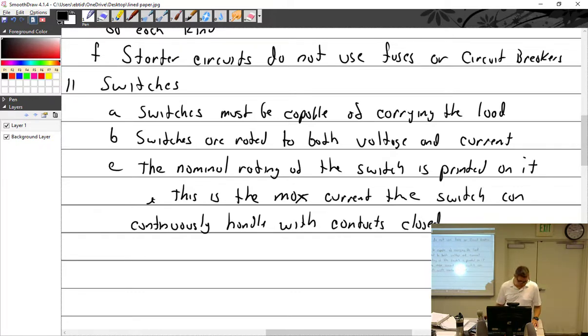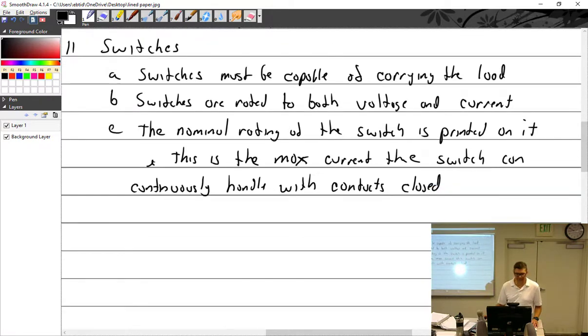If they're closed, is the component on or off? On. All right, so here's where it gets really critical.